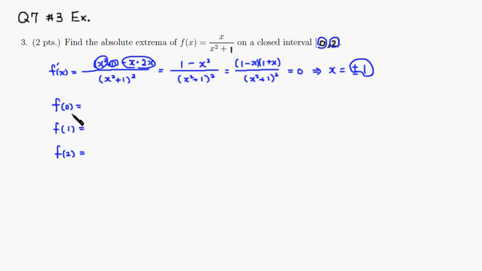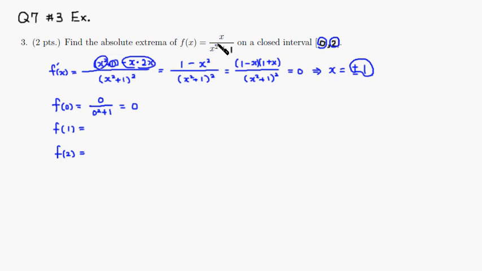So plug in 0 into the original function, you see that plug in 0 here, so you have a 0 over, right, 0 squared plus 1. That would be obviously 0 over 1, so it's 0, right?